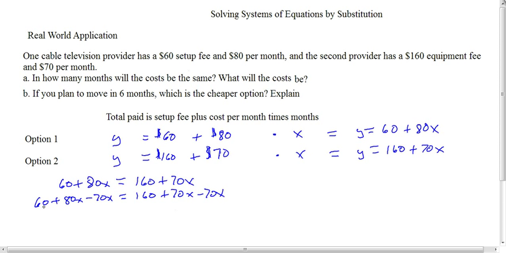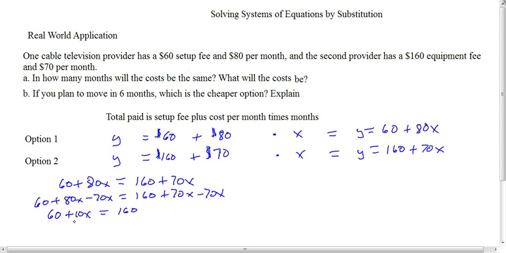Okay, so over here we're left with 80 minus 70, 10. So that would be 60 plus 10x is equal to, and our 70x cancel out to 0, 160.